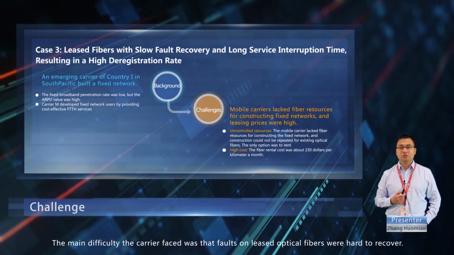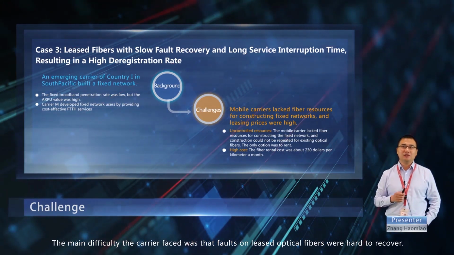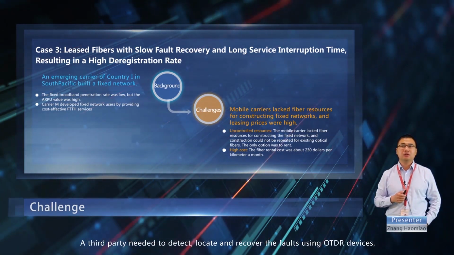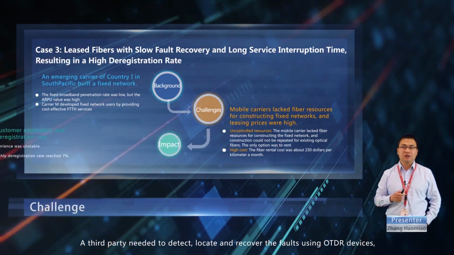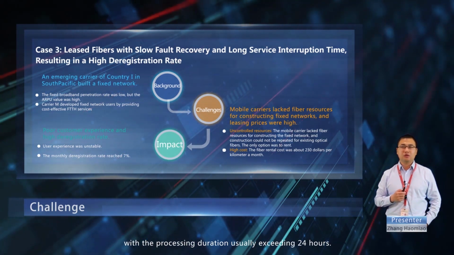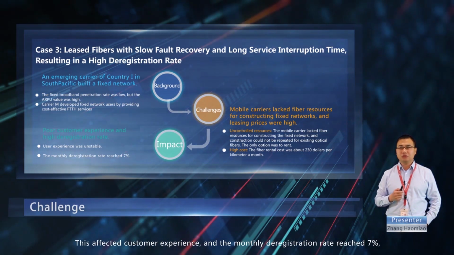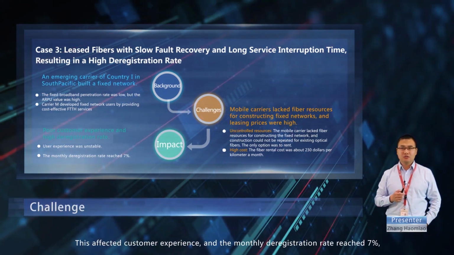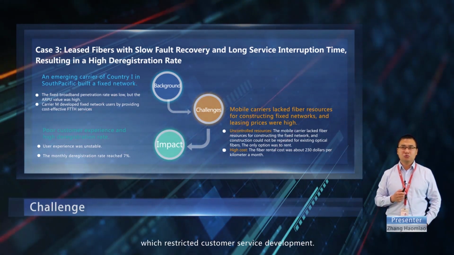The main difficulty the carrier faced was that faults on leased optical fibers were hard to recover. A third party needed to detect, locate, and recover the faults using OTDR devices, with the processing duration usually exceeding 24 hours. This affected customer experience, and the monthly deregistration rate reached 7%, which restricted customer service development.